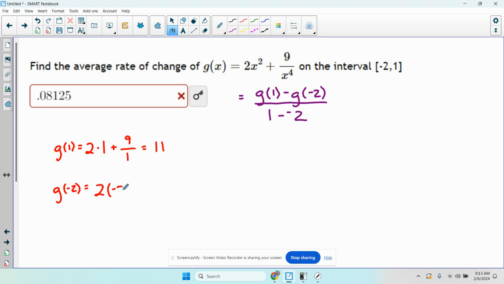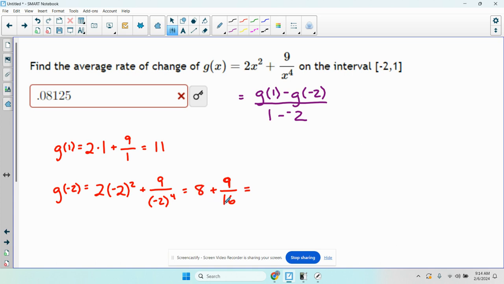2 times negative 2 squared plus 9 over negative 2 to the 4th. This is positive 4 times 2. That's 8 plus 9 over, this is what, 16? 8 plus 9 sixteenths.